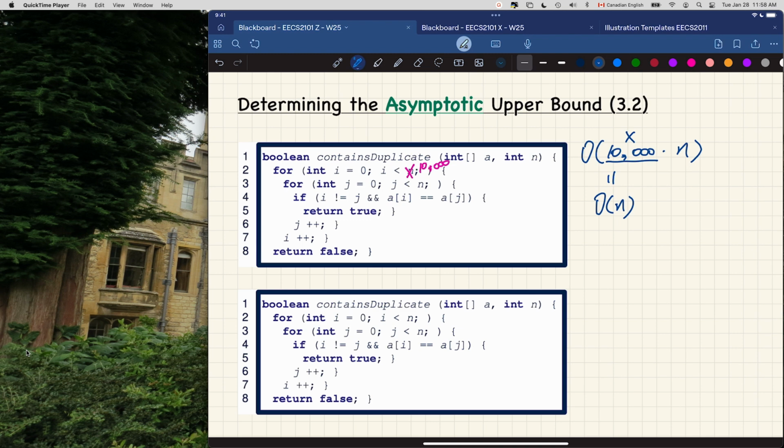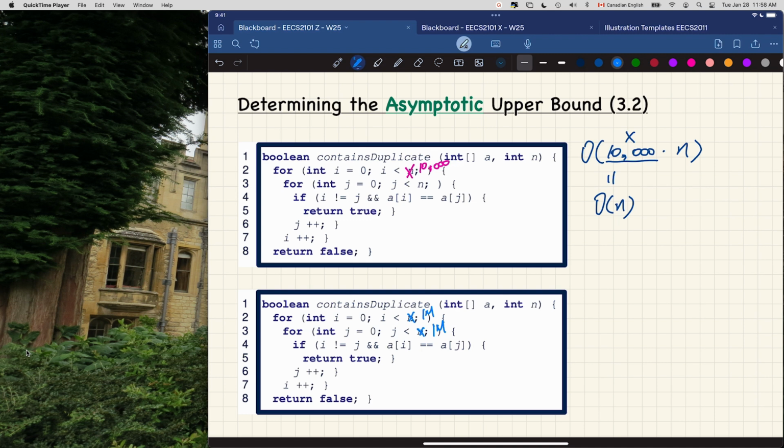I'm pretty sure you would know how I can modify this to make it constant rather than linear, to make it even cheaper. I can simply change the two bounds to be constant. Because we talk about asymptotics, it doesn't matter how large the constant is. I can change this one to be 1 million, and this one also 1 million. I'm exaggerating a little, but the point is that asymptotically we can go all the way to infinity.